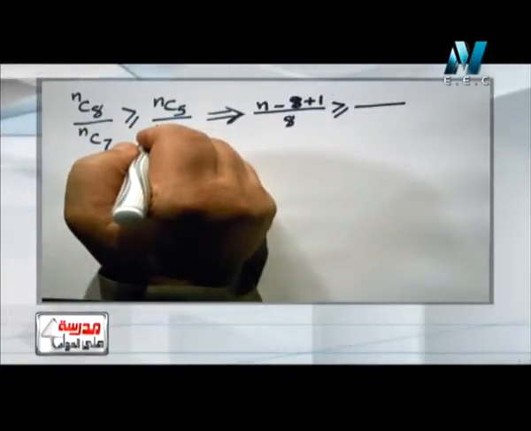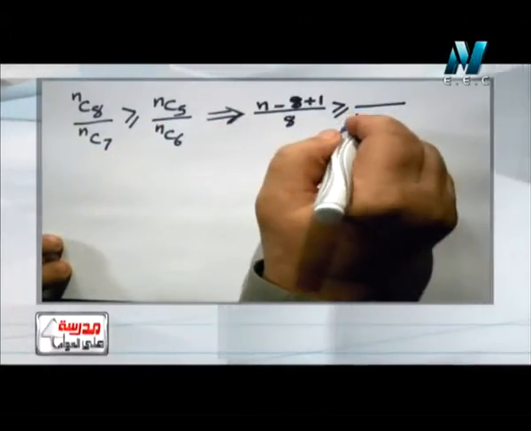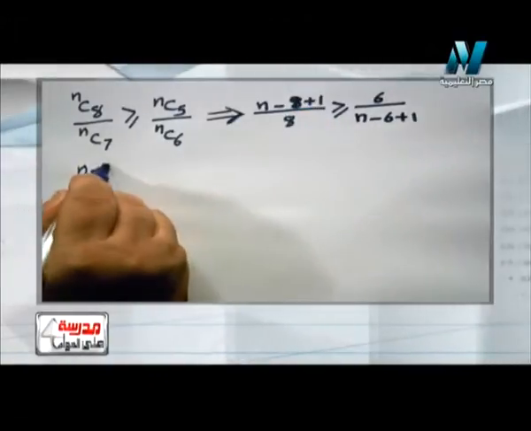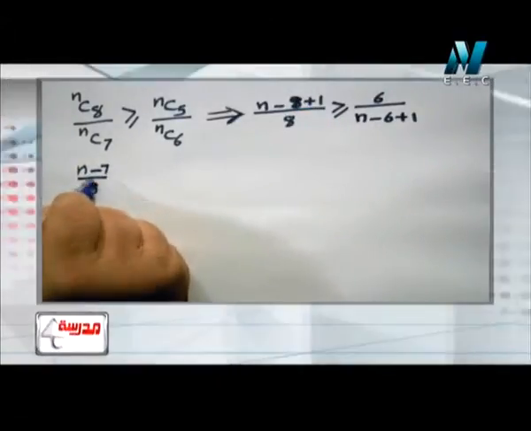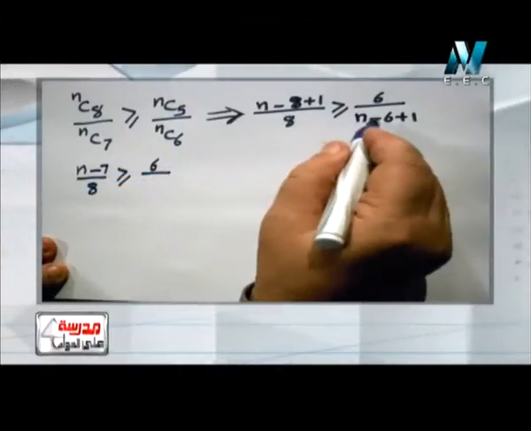The law, but it is reciprocal. Then it is (n minus 6 plus 1) over 6. Then it is equal to (n minus 7) over 8 greater than or equal to 6 over (n minus 5).